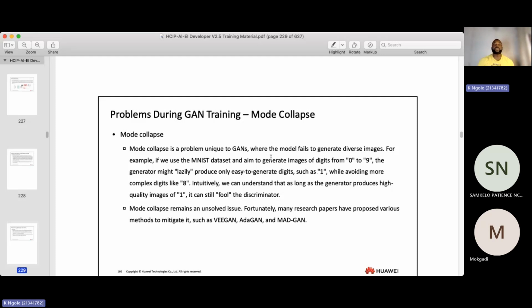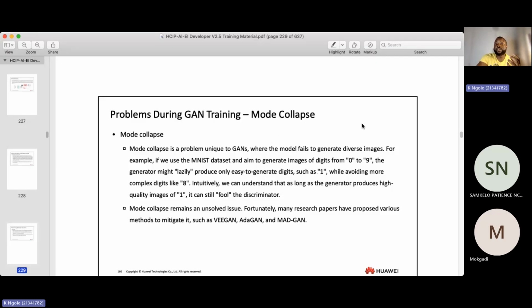Maybe you have pictures of cats, in different positions and different sizes. Those are the data. But now your generator is only producing one type of cat. It's not creating fake images of different types, but only a certain type. That is what we call mode collapse.